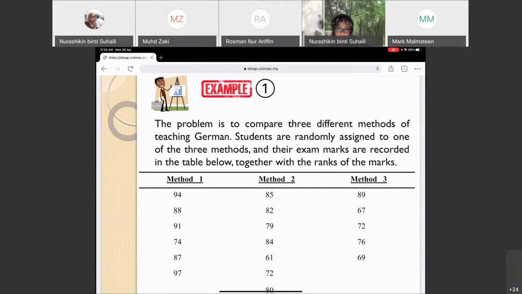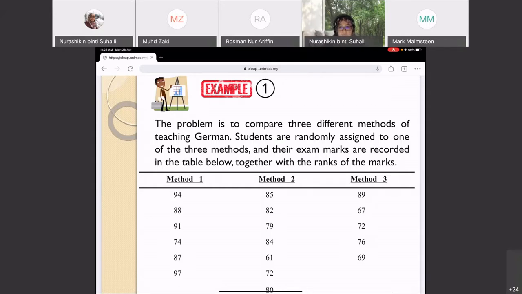The problem is to compare 3 different methods of teaching German. Students are randomly assigned to one of the 3 methods and their exam marks are recorded in the table below together with the ranks of the marks. The key point here is the 3 different methods.